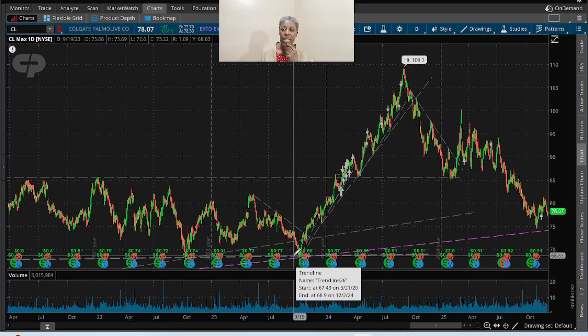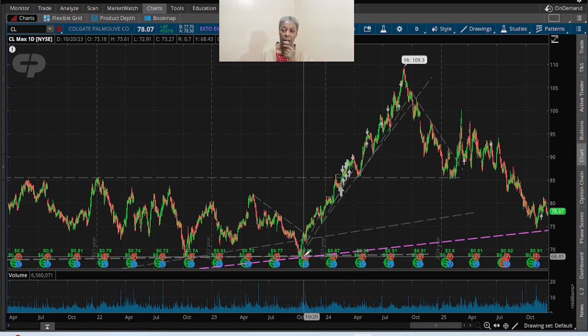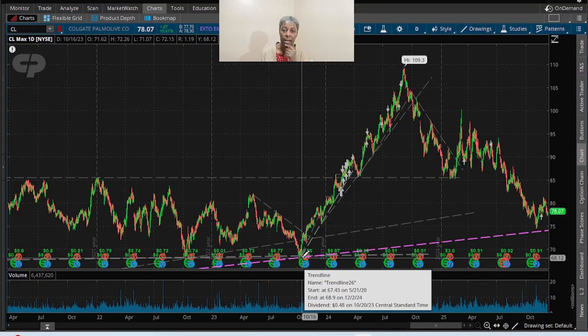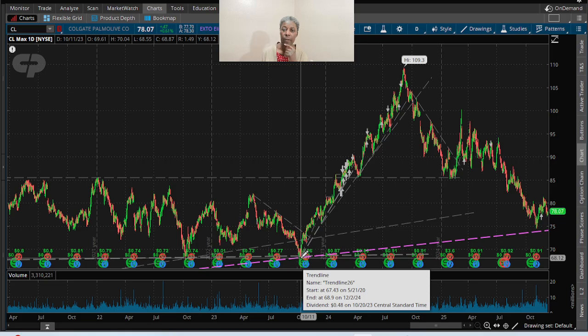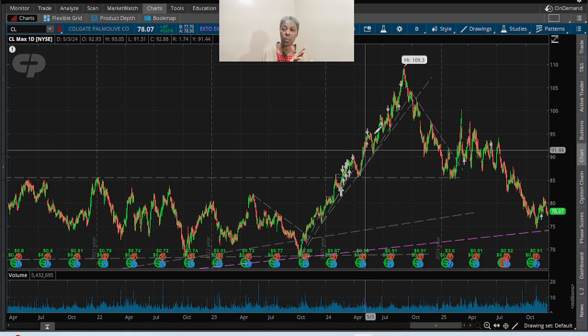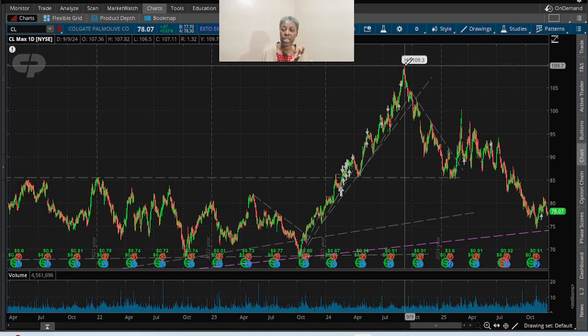It could take a year and a half, or maybe a year. Last time it touched base with this valley line, which was in October 2023, it reached here in September 2024.